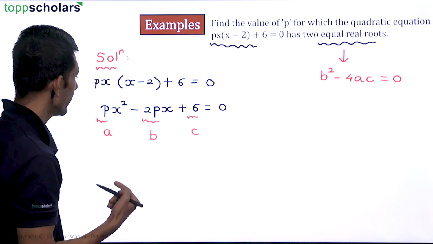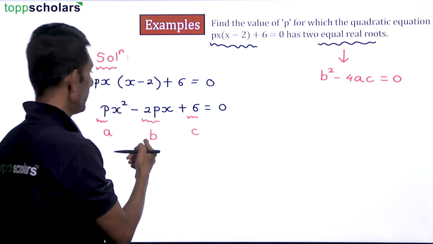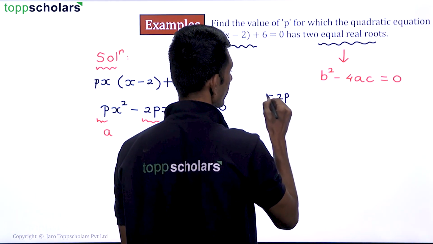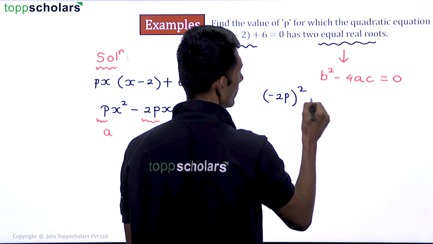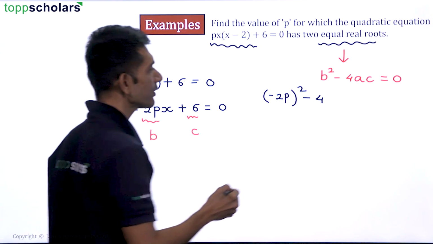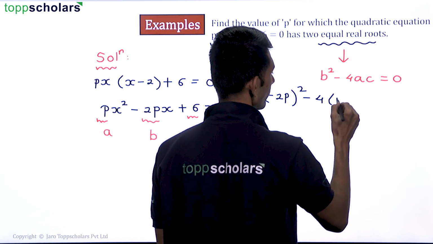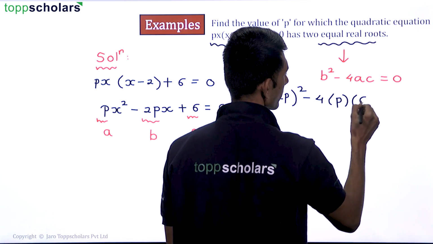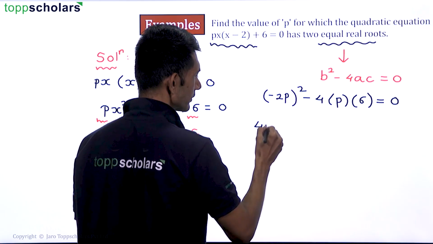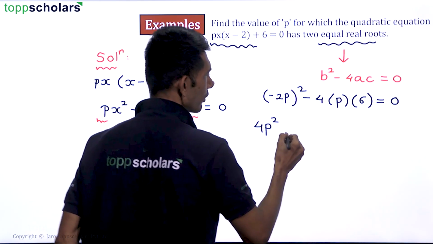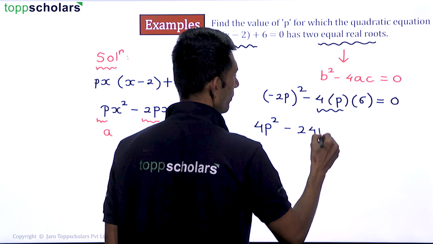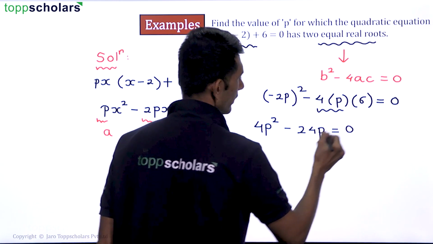Let us directly put it there. That is b square, so minus 2p the whole square minus 4 into a into c, that is 4 into p into 6. So this becomes 4p square minus 24p is equal to 0.